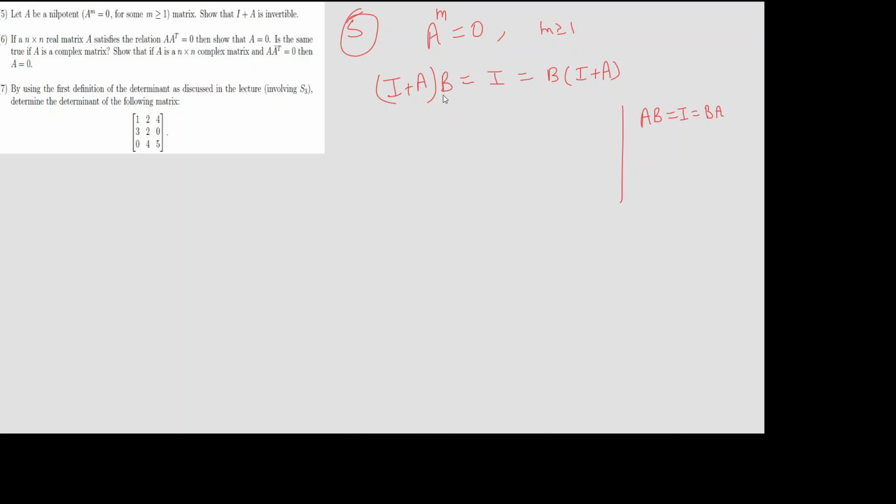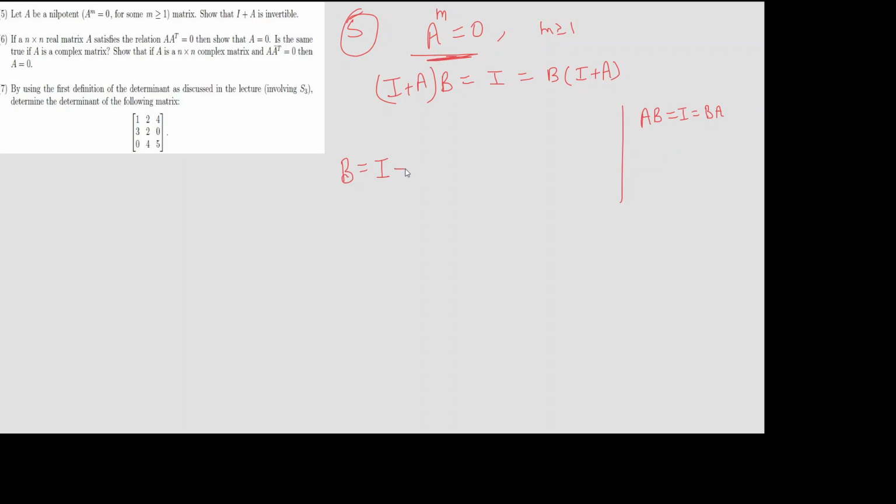So we need to find the matrix B, and for that we have to construct a B such that I plus A multiplied with it is an identity matrix, and we have to consider that A is a nilpotent matrix.